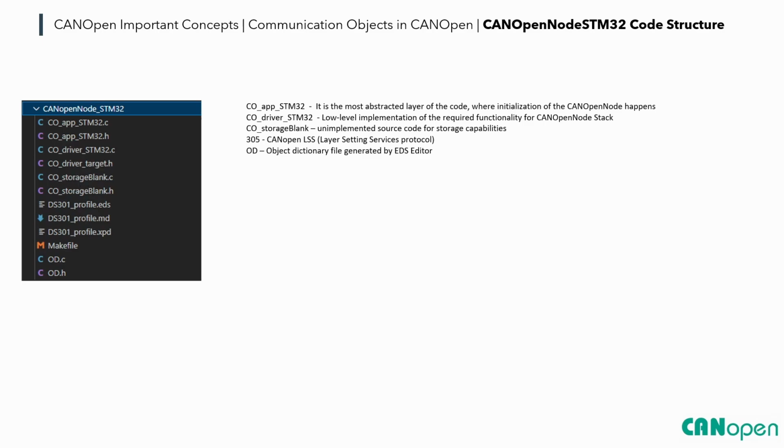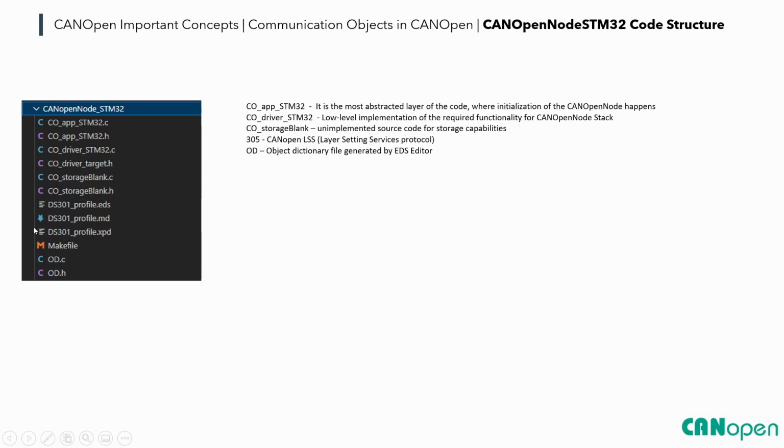For example, if you have an SD card or an external EEPROM, you can implement the code for those in the storage block. Then we have this EDS file and XPD file. Usually you use the XPD file with the EDS Editor, and it's the definition of the object dictionary.